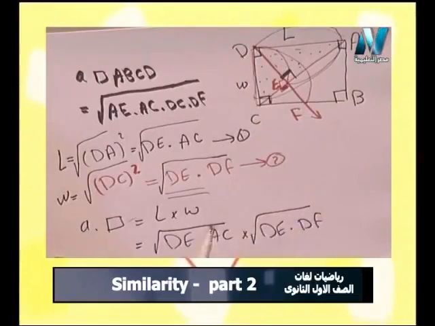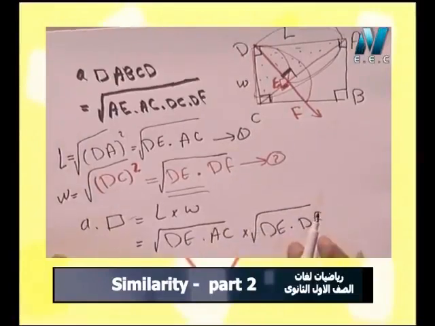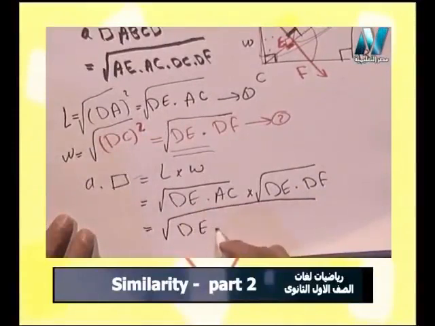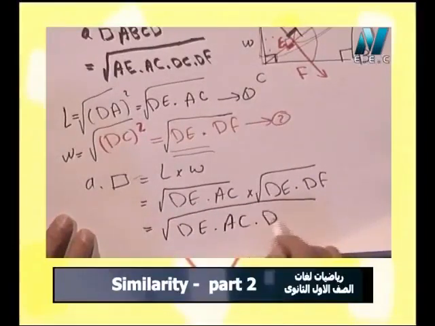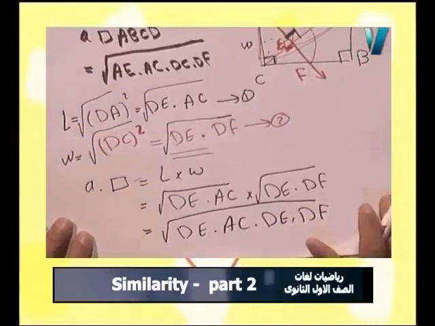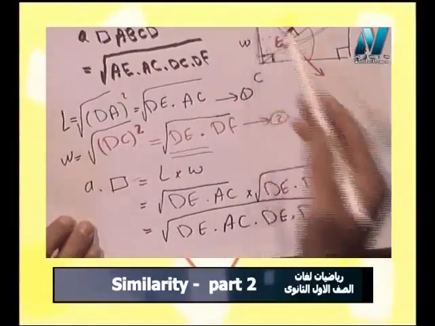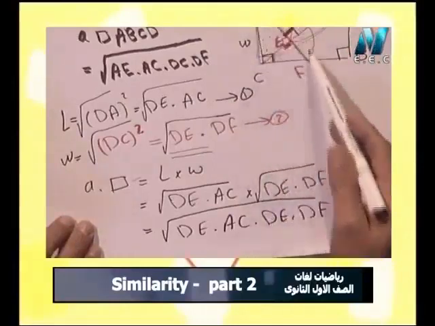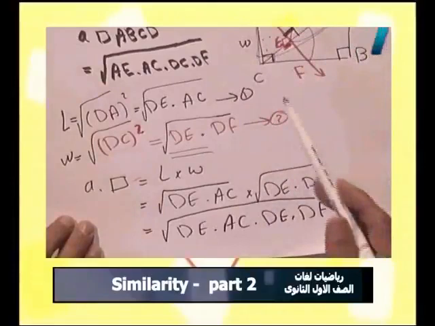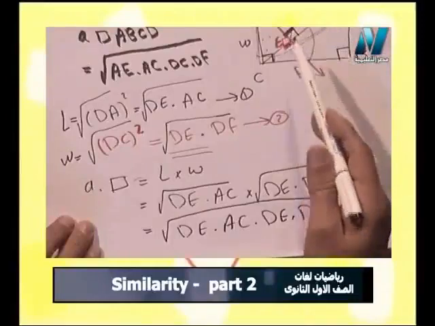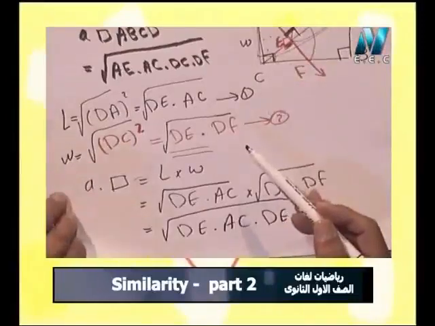And we can combine these two roots into one root, equal to square root of DE times AC times DE times DF. Okay, we have here CD power 2 equals DE multiplied by DF, and DA power 2 equals AE multiplied by EC.